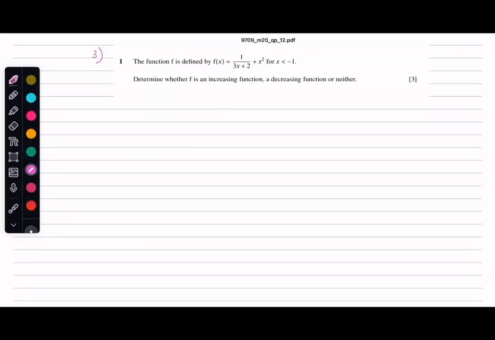Question number 3 is chosen from February March 2020, question paper 1 variant 2, question number 1 in the paper, and it says that the function f is defined by f(x) equals 1 over 3x plus 2 plus x squared for x less than negative 1.